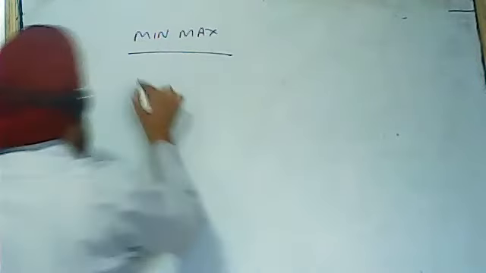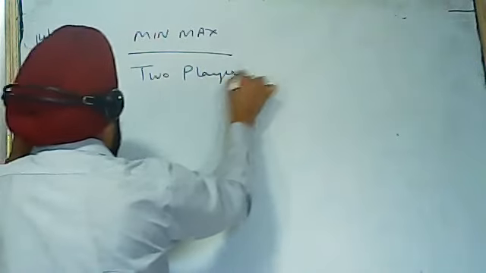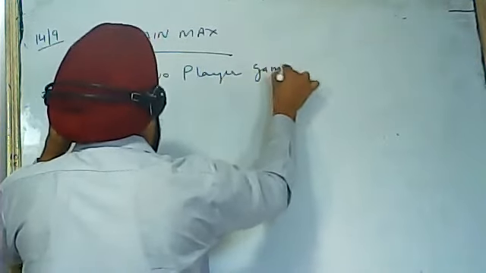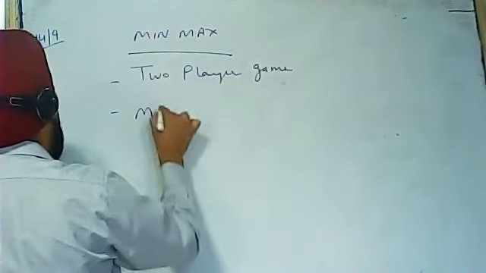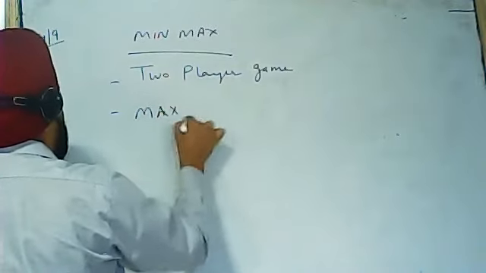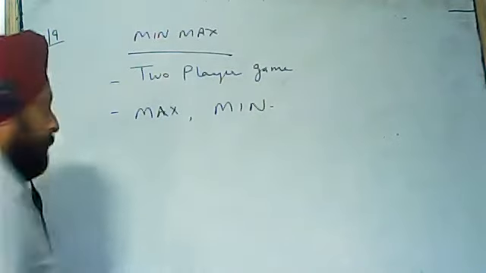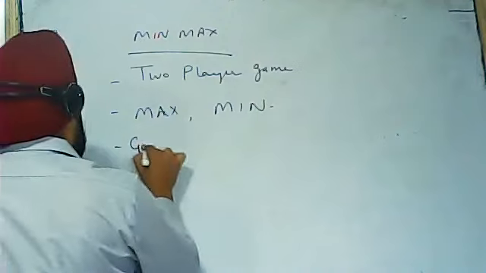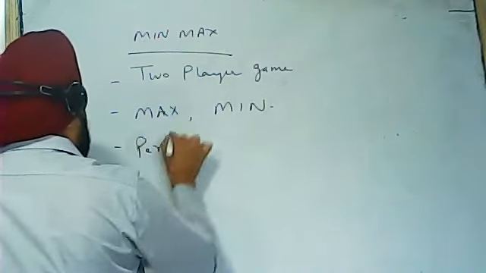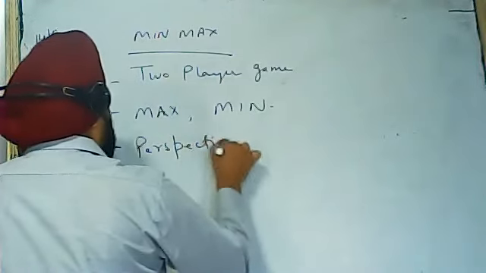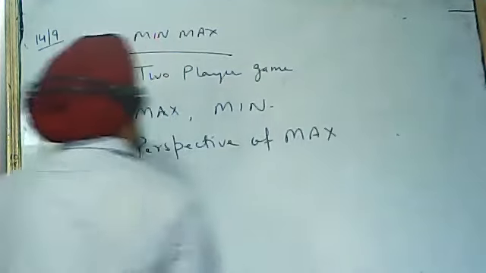Min max, two players game. First player is max, second player is min. Game is played with perspective of max. Every decision has to be taken with perspective of max.